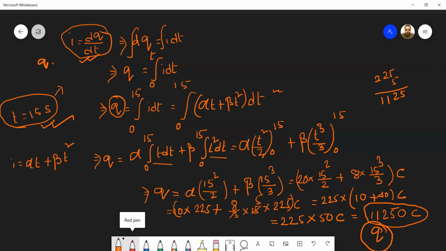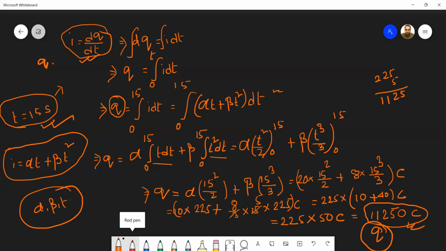The I value is already given in the question, I is alpha t plus beta t squared. So substitute the value, expand the integration, do the integration, and substitute the values of alpha, beta, and time. Once you substitute all the values, we can finally calculate the amount of charge which flows through the conductor in the given amount of time.